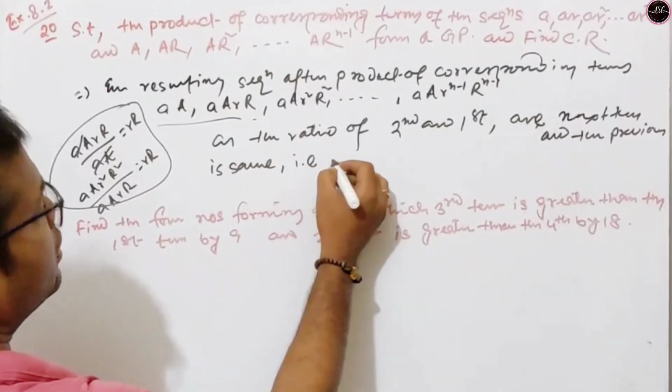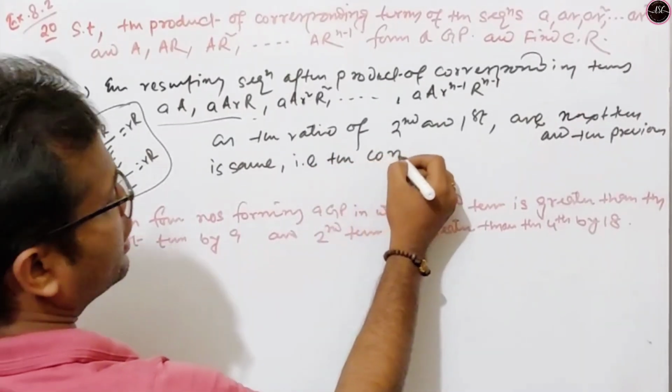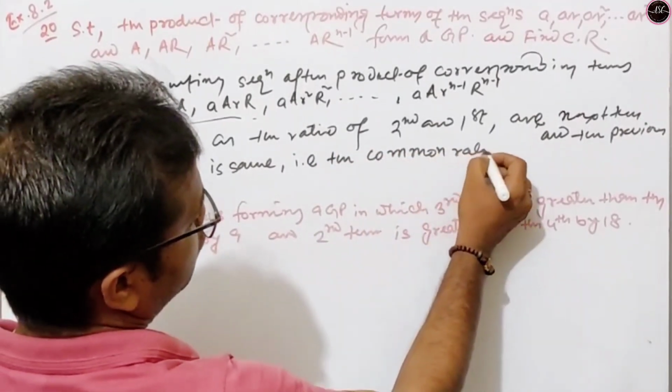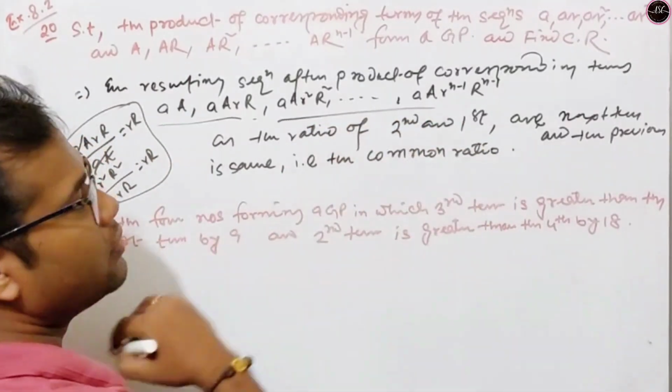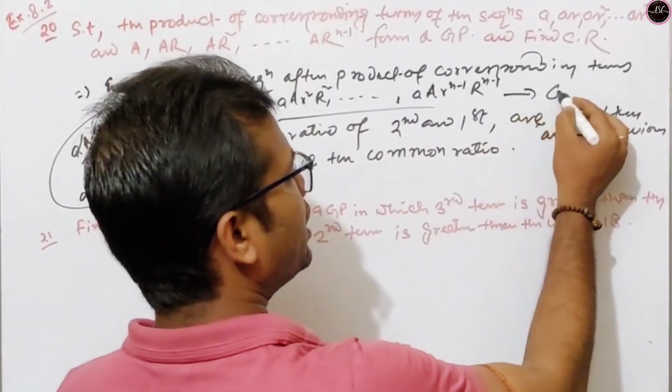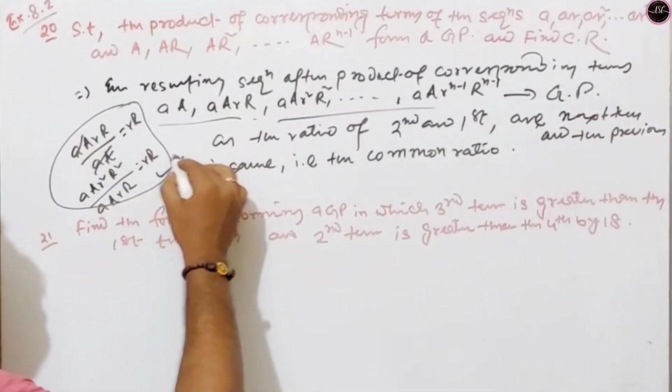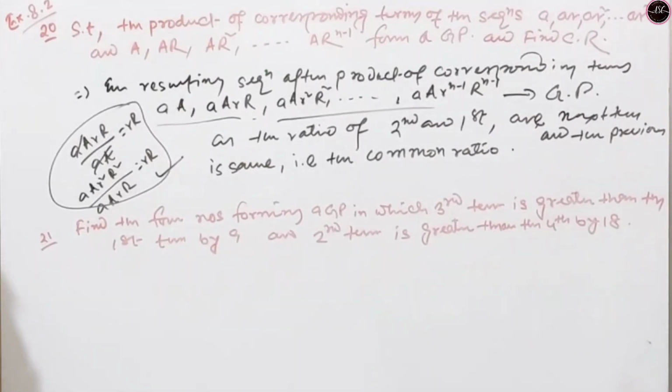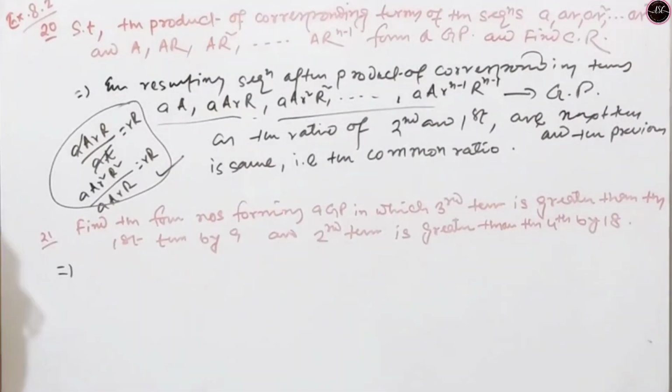That is the common ratio. So this sequence is a GP. Okay, and the common ratio is small r capital R. Okay. Now just look at this question.